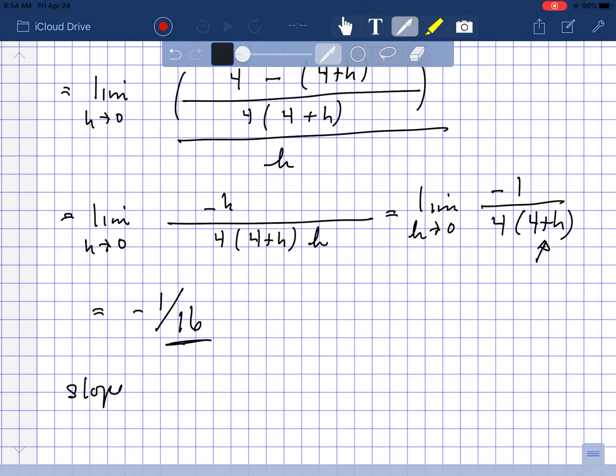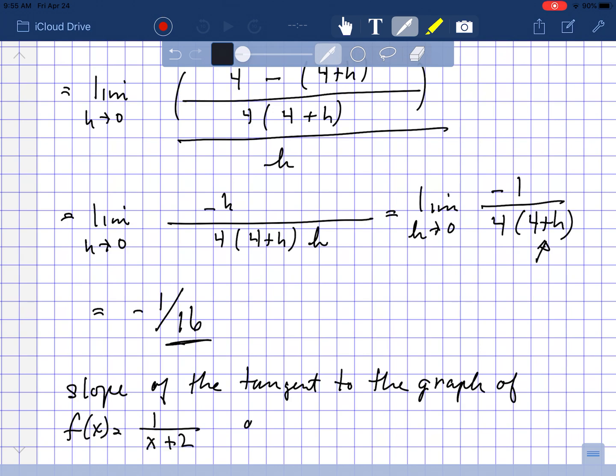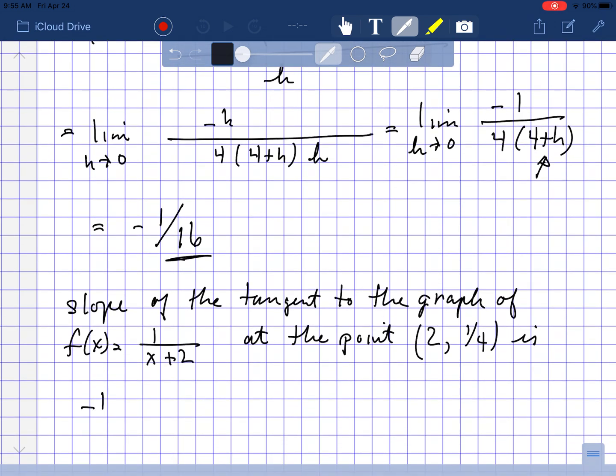So this is going to be the slope of the tangent line. So the slope of the tangent line to the graph of f of x equal 1 over x plus 2 at the point 2 comma 1 over 4 is minus 1 over 16.